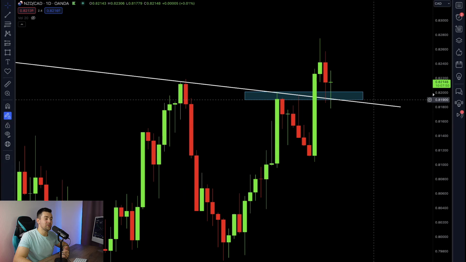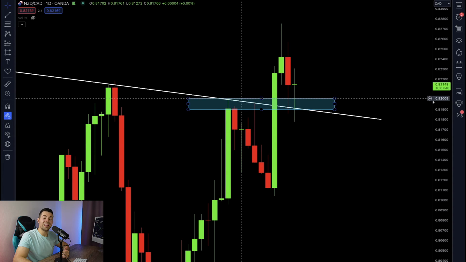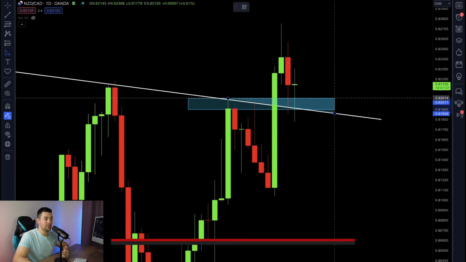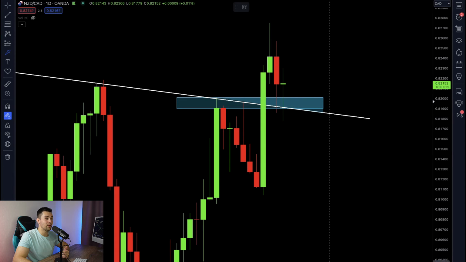The thing is, traders, that now the broken trend line and the broken zone of supply compose the expanding zone of demand, the area that is based on a broken horizontal zone and on a broken trend line. And we will anticipate a bullish reaction from that entire area.